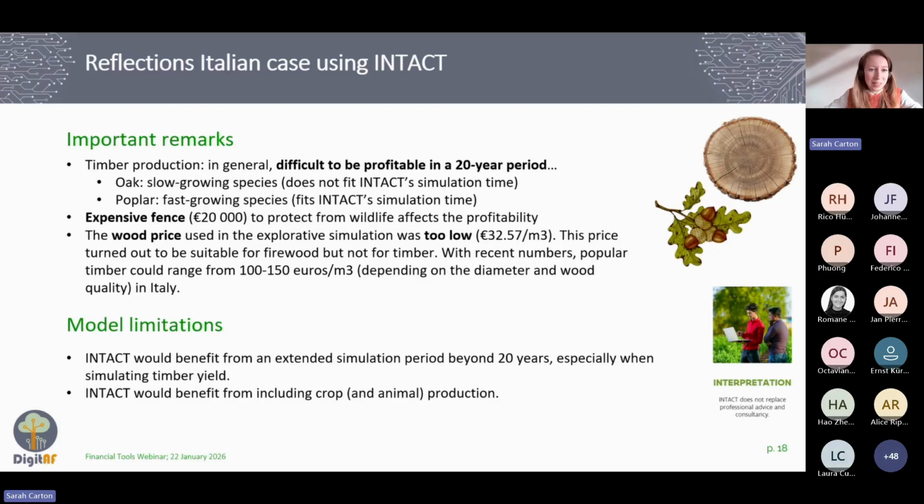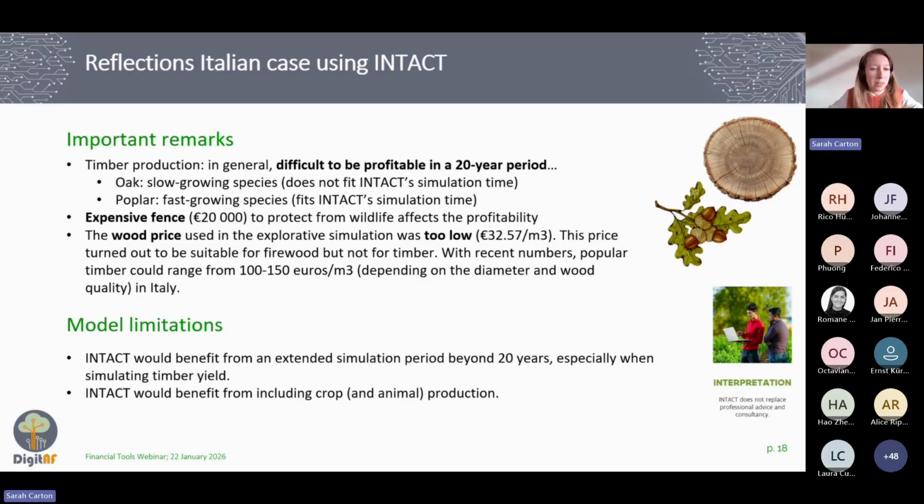But of course, it's really difficult to have such a system be profitable in a 20-year period. Oak is a slow-growing species, so normally you would harvest that after 50 years. So a 20-year period does not fit the Intact simulation time. And poplar is a fast-growing species, so it fits Intact simulation time.